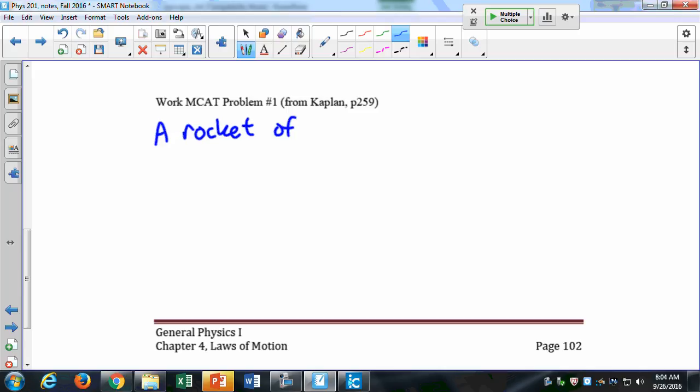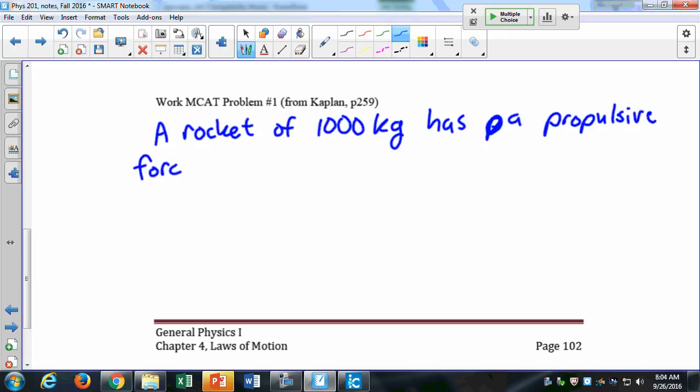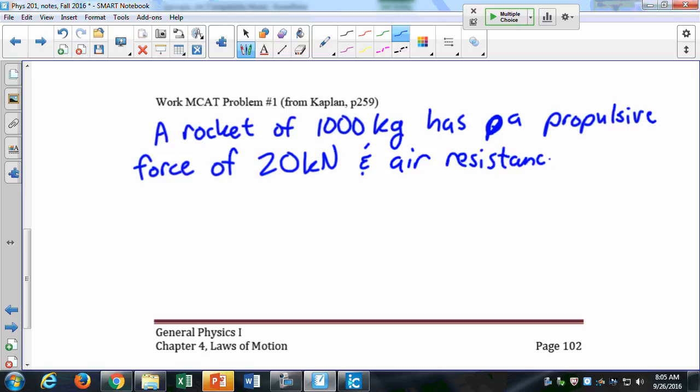of 1,000 kilograms, and it has a propulsive force of 20,000 newtons, 20 kilonewtons, and air resistance of, let's just say, 1,000 newtons.